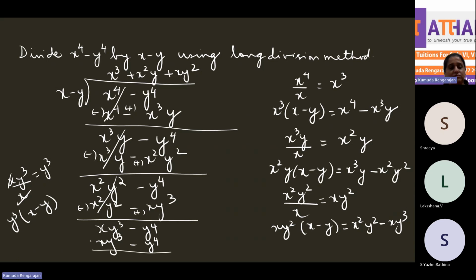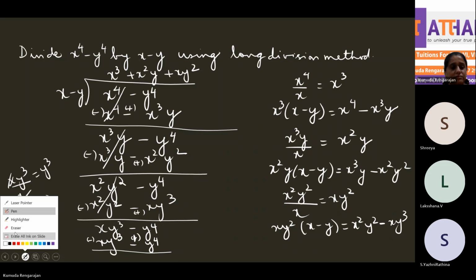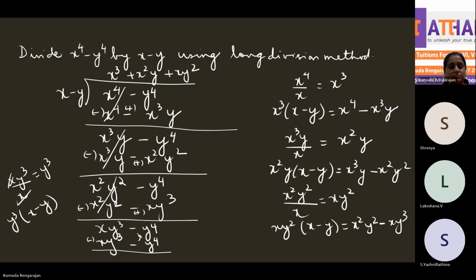Change the signs. So this gets cancelled. Minus y to the power 4 plus y to the power 4 cancels, it is 0.